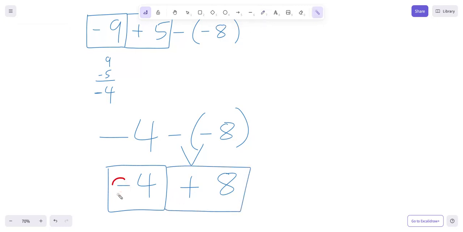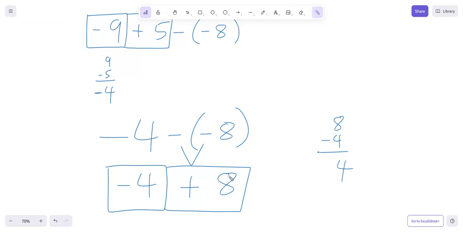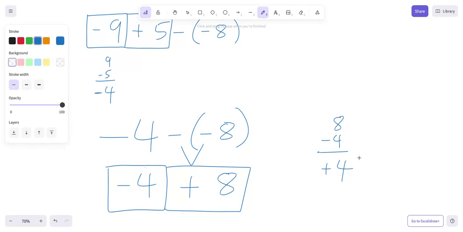My 4 is negative, my 8 is positive, so they're opposites, which means I need to subtract them since the arrows are going in opposite directions. Right, so 8 minus 4 is 4, and then I am more positive than I am negative. So my answer is positive 4, or just 4.